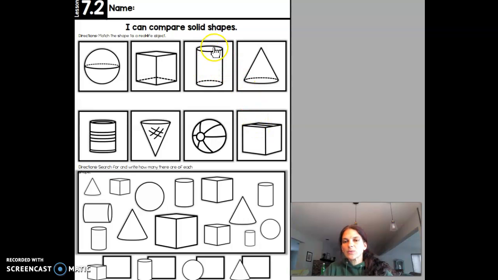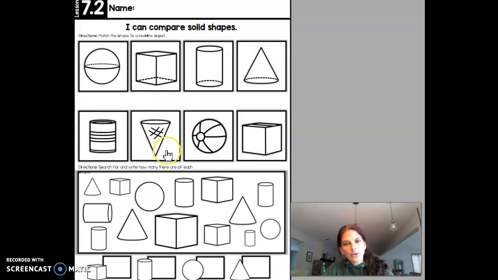All right, this next one is called a cylinder. So we only have two left because we know this is a sphere and we know this one is a cube. So would the can be a cylinder or would the cone be a cylinder? That's right, the can is a cylinder. So I would draw a line from the picture of the cylinder to the real life example of a cylinder, which was a can.